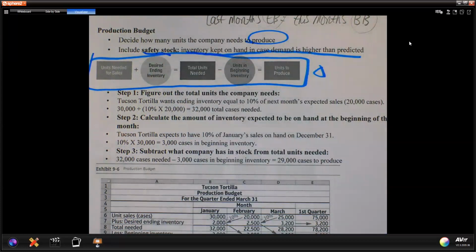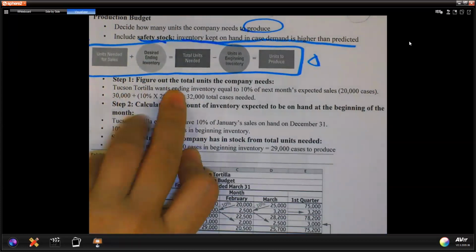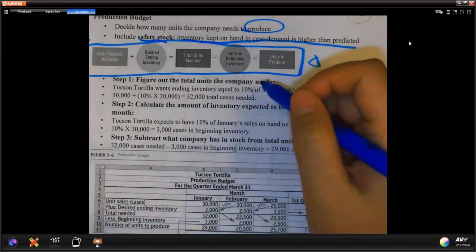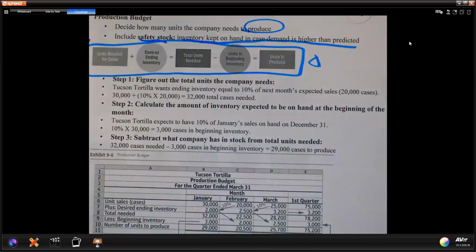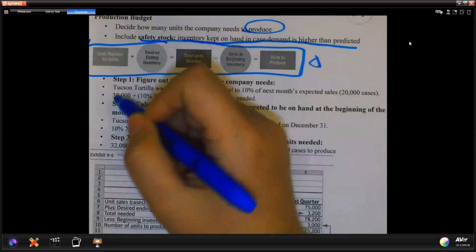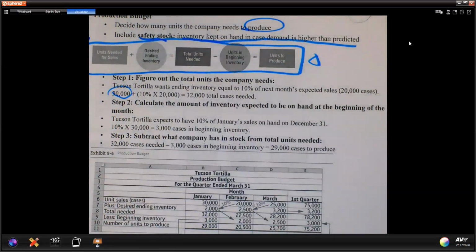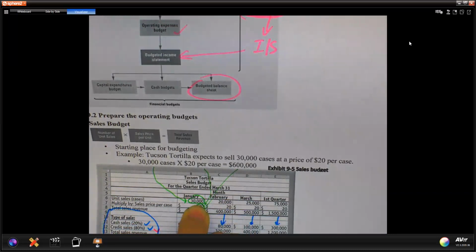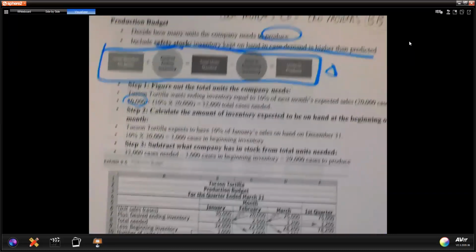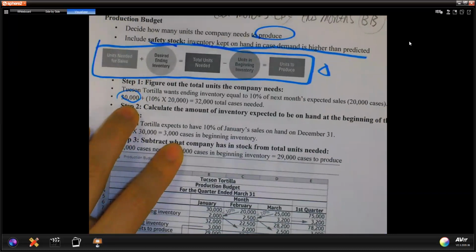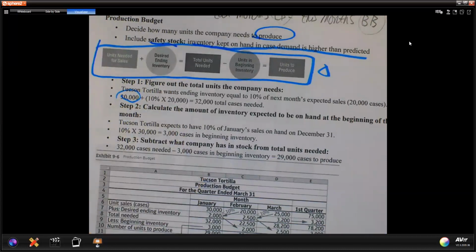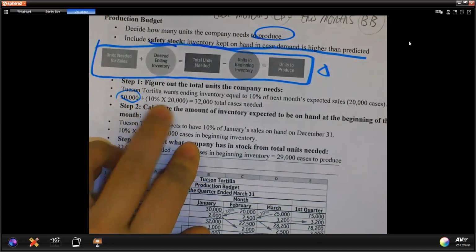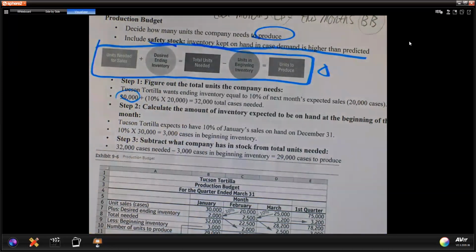Okay, let's look at some numbers. First, we want to figure out the total units you need. Basically, that's the units you will sell plus the safety stock. We will sell 30,000 units, all from your sales budget. That's the reason we must have a sales budget as the first budget. We have our sales budget of 30,000, and then we want 10% of next month's sales as our ending balance.